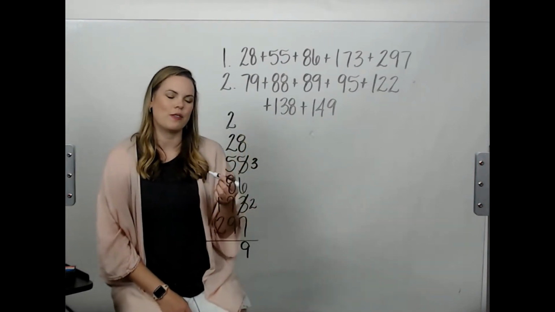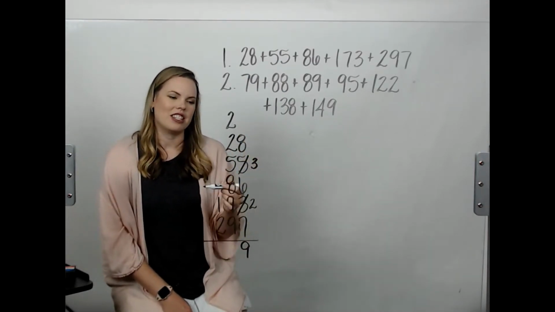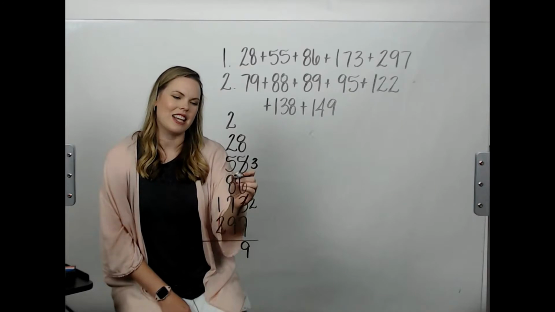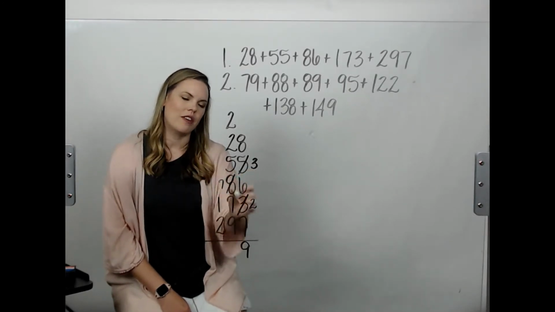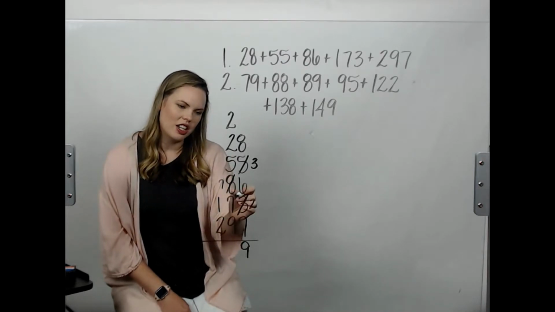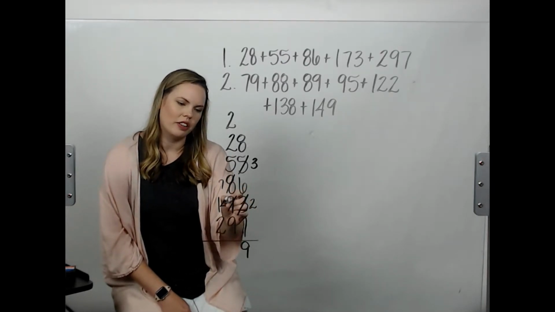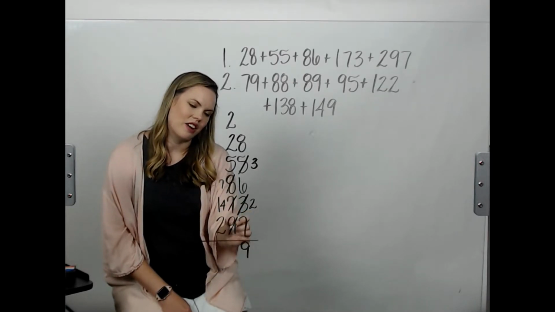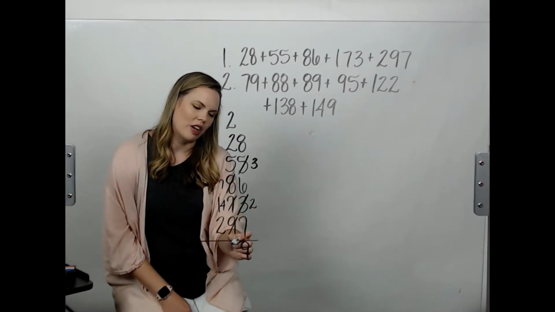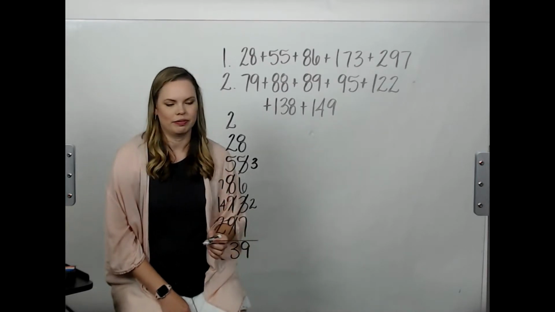2 plus 2 is 4, plus 5 is 9, plus 8 is 17, so scratch out the 8 and I'll write the 7 over here. 7 plus 7 is 14, scratch and write the 4. 4 plus 9 is 13, so I'll scratch. You can write the 3 or move it here.